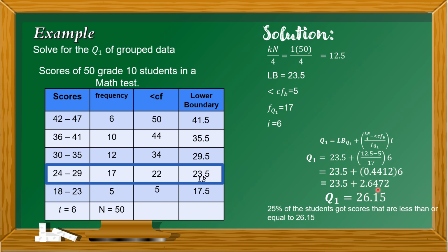I-add natin iyon sa 23.5. 23.5 plus 2.6472 is equal to 26.15. Our first quartile is 26.15, na nangangahulugan na ang 25% of the students got scores that are less than or equal to 26.15.